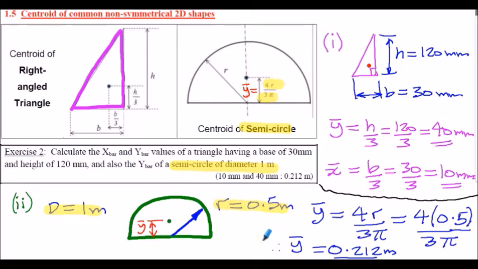So to evaluate the y bar for the semicircle, it's going to be 4r divided by 3 pi, 4 multiplied by 0.5 divided by 3 multiplied by pi. That evaluates to a y bar location of 0.212 meters from the base of the semicircle here. So that's evaluating the centroid location using standard formulae.